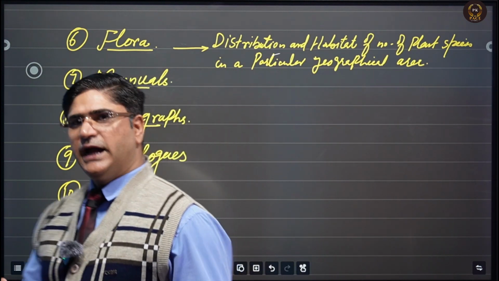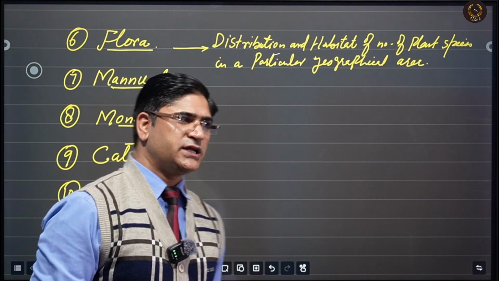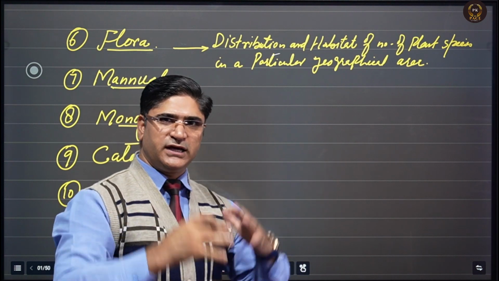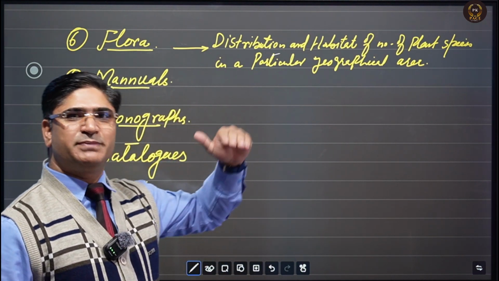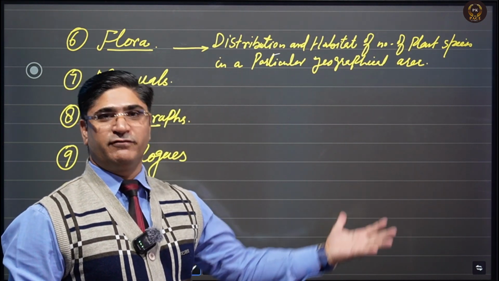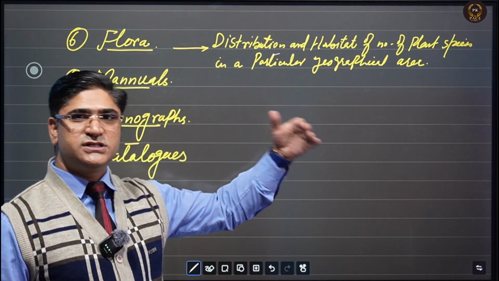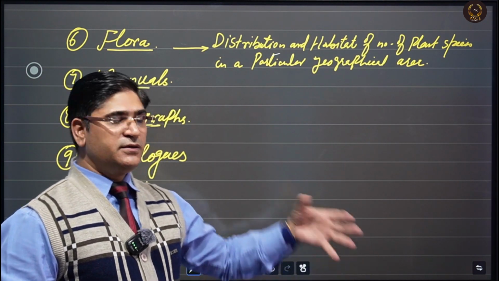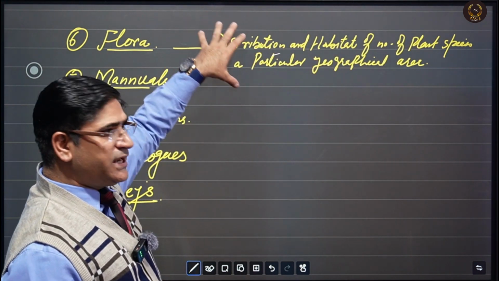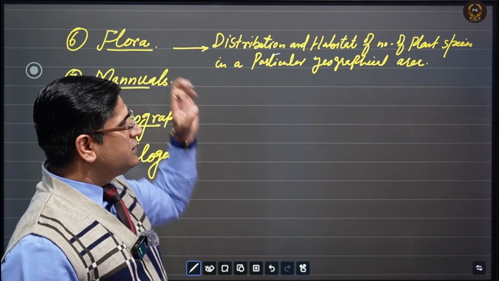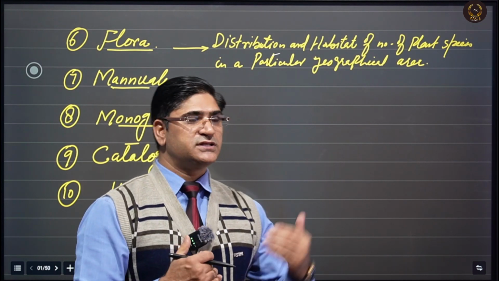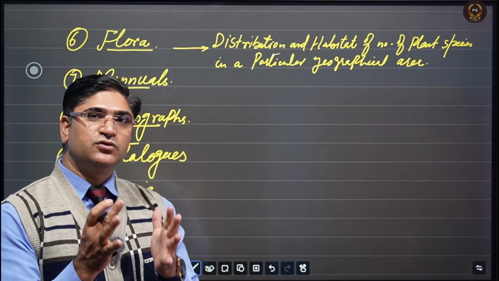It tells which plant is present in that area, in which habitat this plant is growing well, what kind of root system, shoot system, fruit and seeds it has, and where it is distributed in that geographical area. If some book is prepared like that and gives us this whole information, that is known as flora.